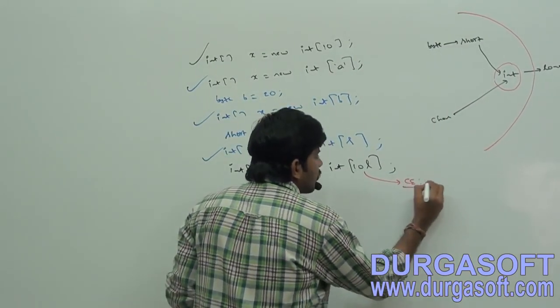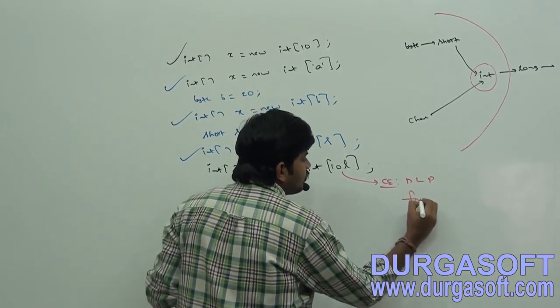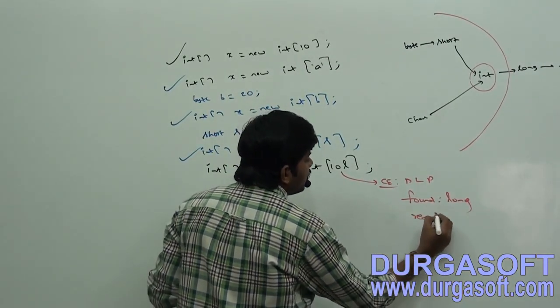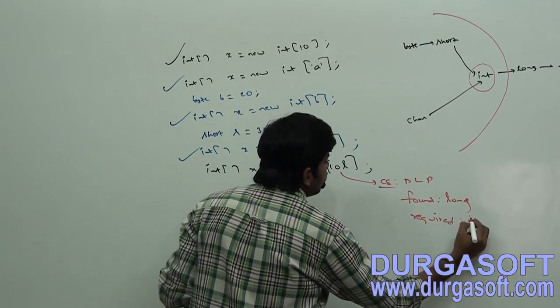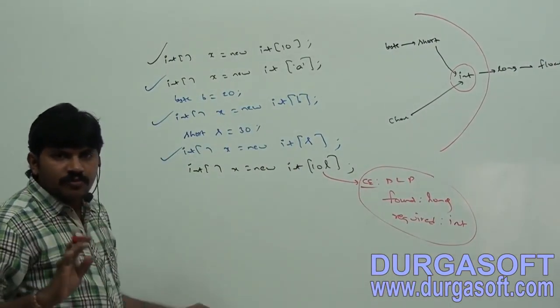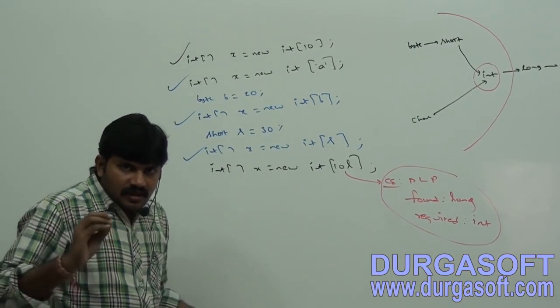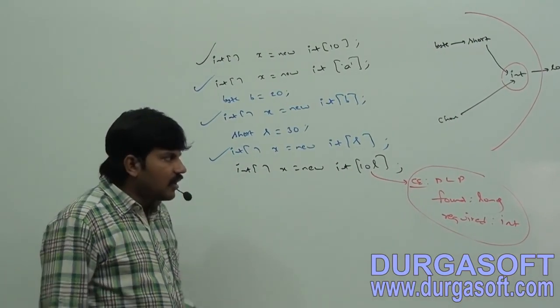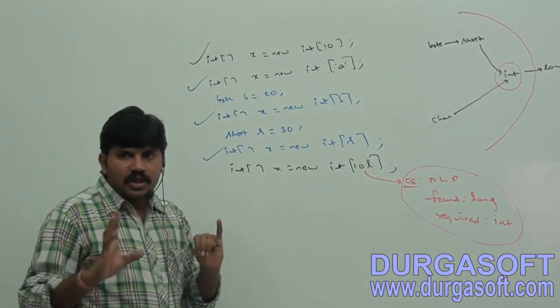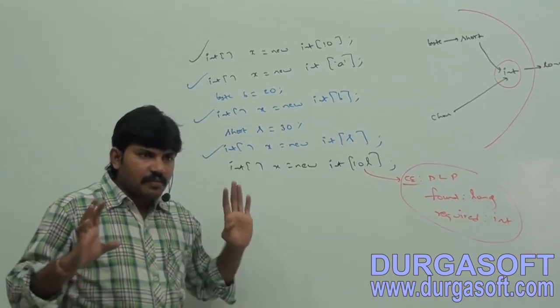Immediately compile time error, possible loss of precision. Found long, required int. To specify array size, the allowed data types in Java are byte, short, char, int. By mistake, if you are providing any other, we will get a compile time error.